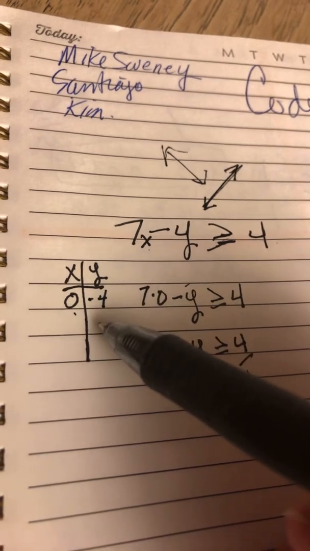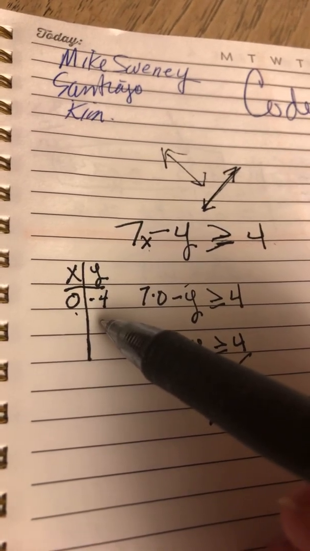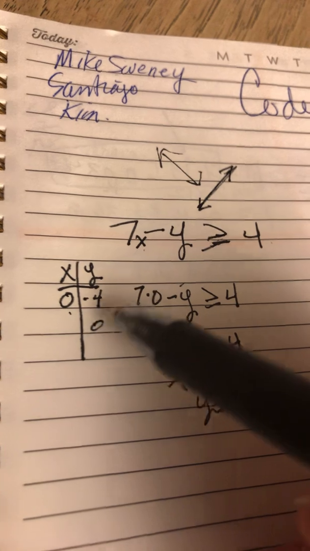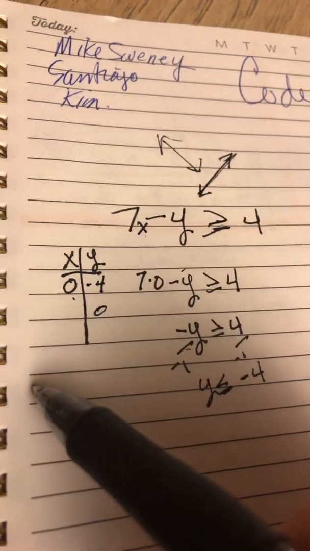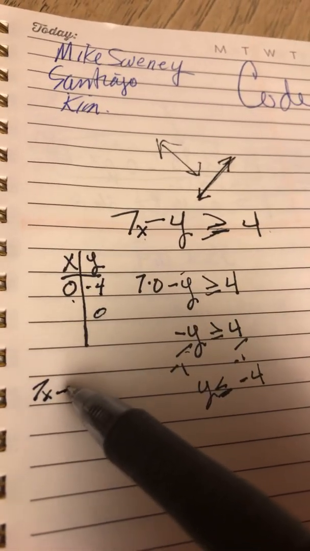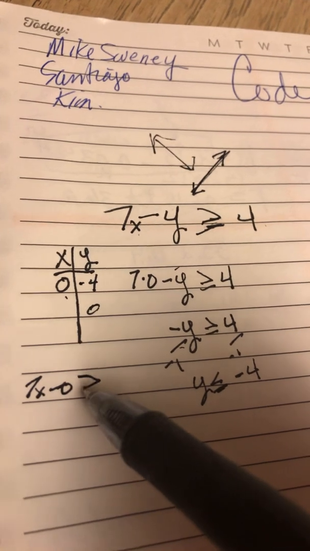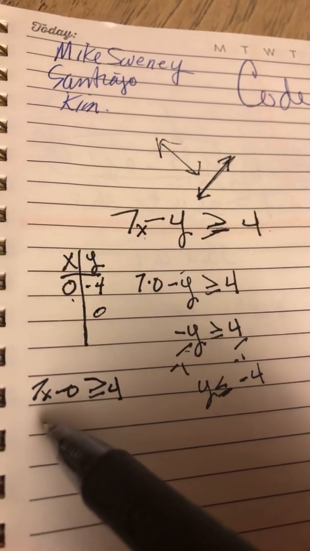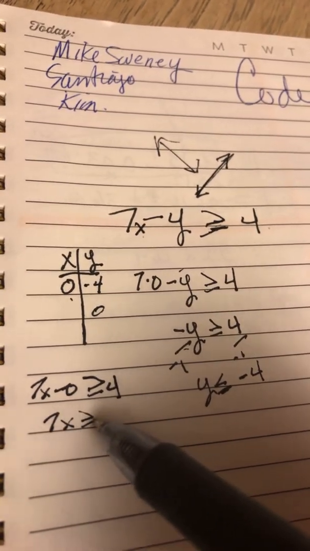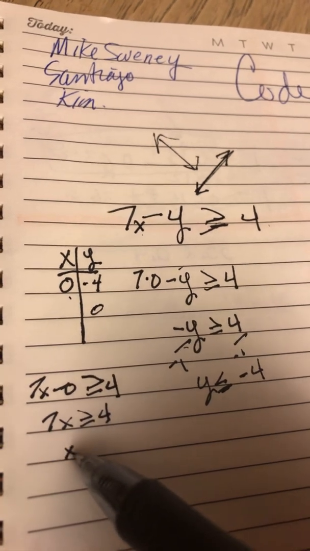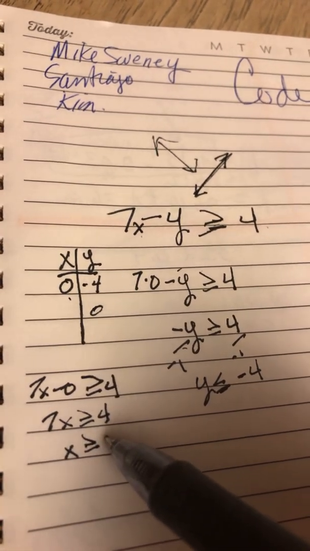Then what if y is 0, we end up getting a fraction. See, I'll show you. If y is 0, we get 7x minus 0 greater than or equal to 4. So 7x is greater than or equal to 4. Divide both sides by 7.